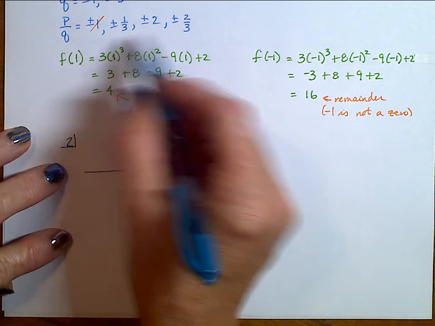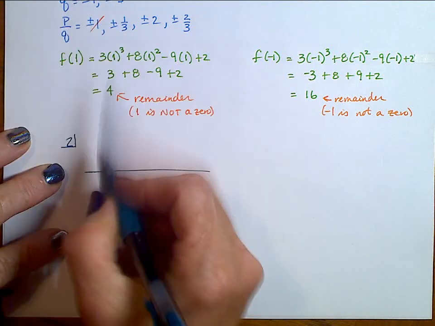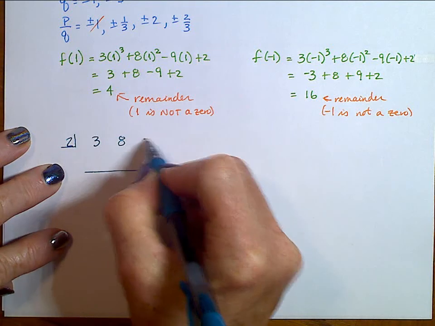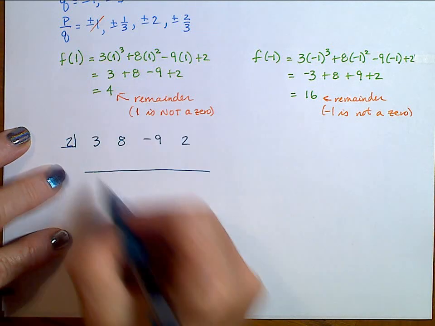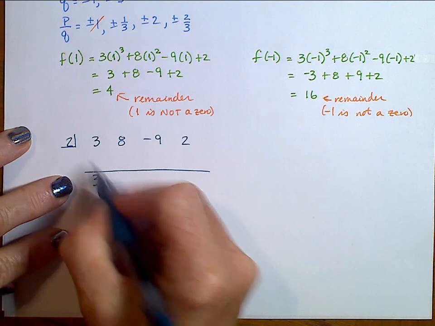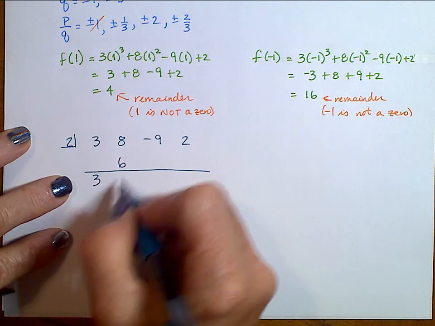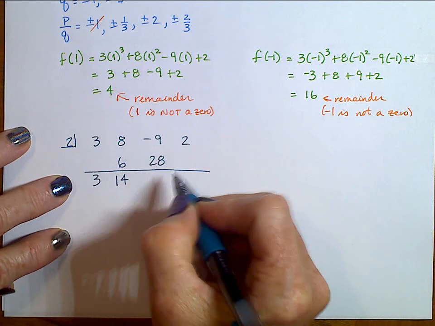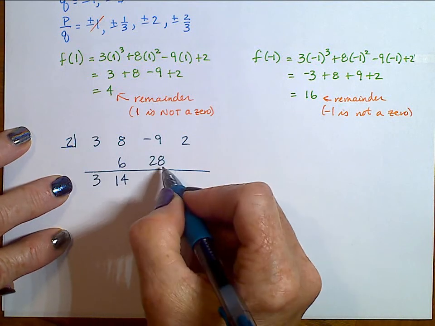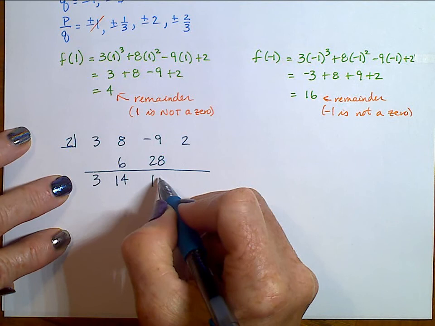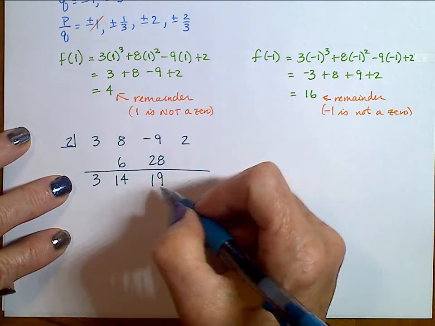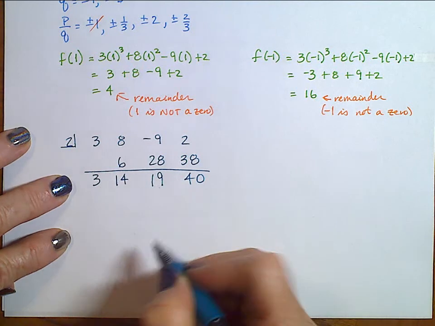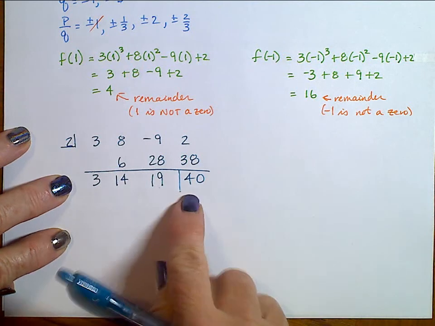So 2 into the coefficients 3, 8, -9, and 2. Bring down the 3. Multiply. 3 times 2 is 6. Add, 14. 14 times 2 is 28. -9 plus 28 is 19. 19 times 2 is 38. Add, 40. There's your remainder.